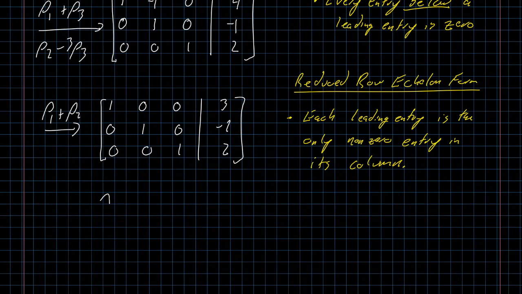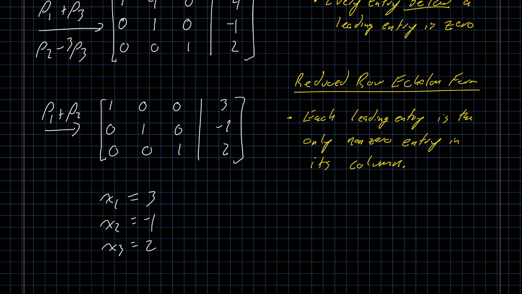We get 1 times x1 plus 0 times x2 plus 0 times x3 is equal to 3. We get 0 times x1 plus 1 times x2 plus 0 times x3 is equal to -1. We get 0 times x1 plus 0 times x2 plus 1 times x3 equals 2.